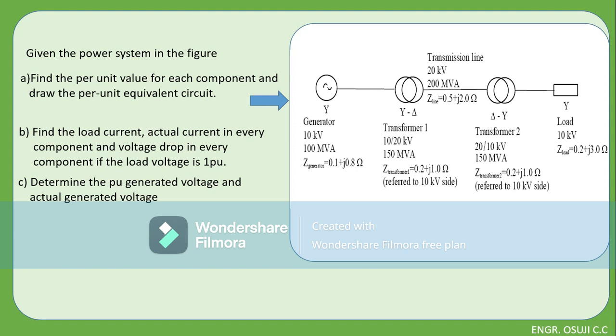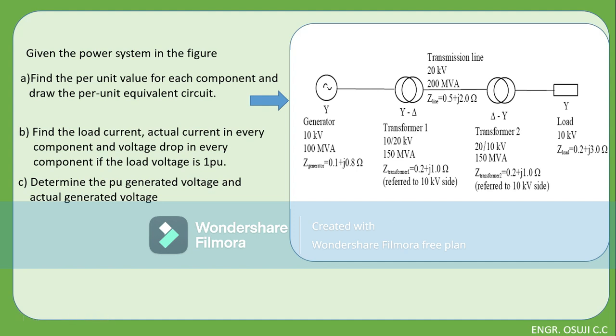You also need to find your base voltage, and like we said earlier, the base voltages always change if there are transformers. If you take note, this system will have transformers. So the base voltage here would be this 10 kV, for instance, but when it gets to this place it will change because of this transformer. When it gets to this point it will also change because of this transformer.